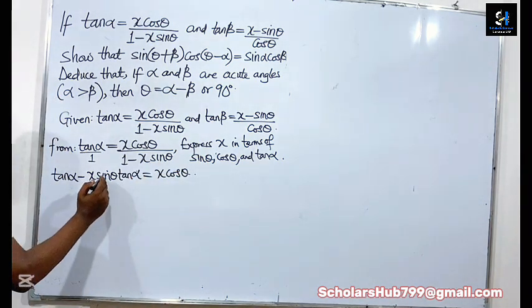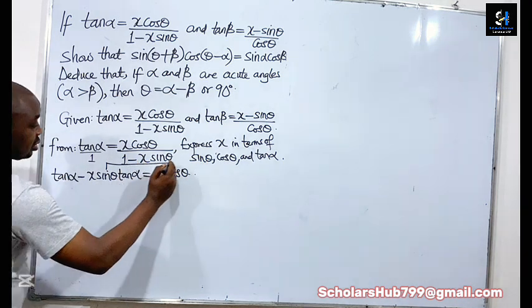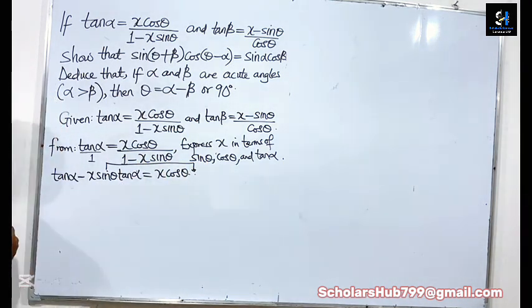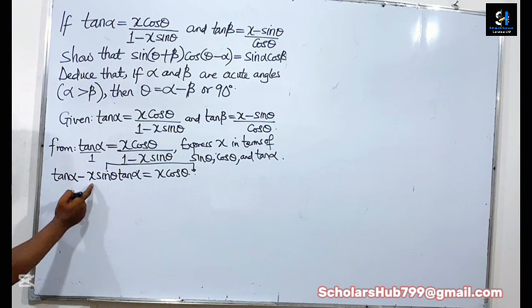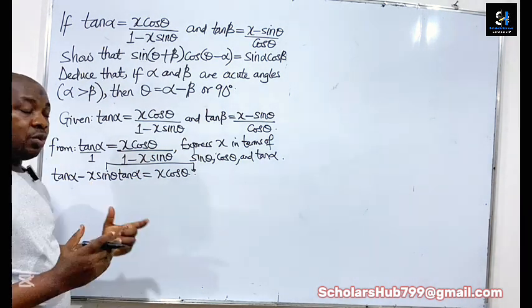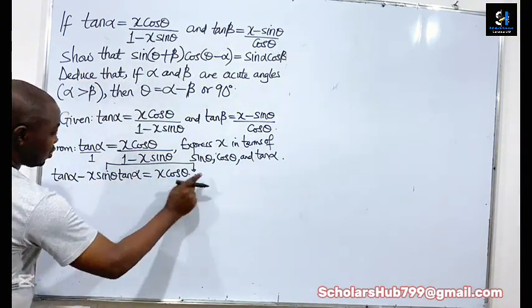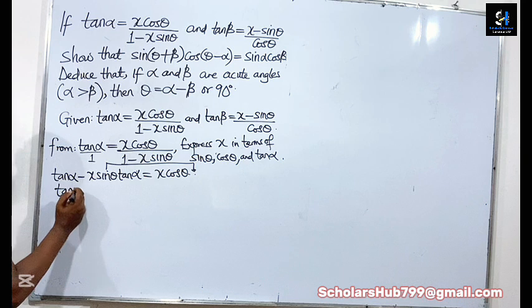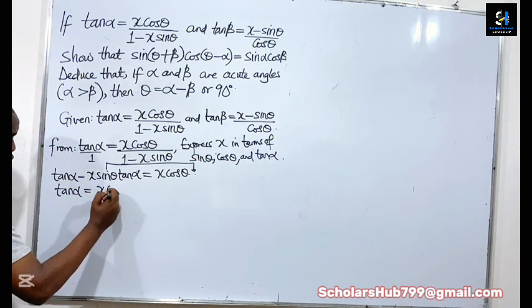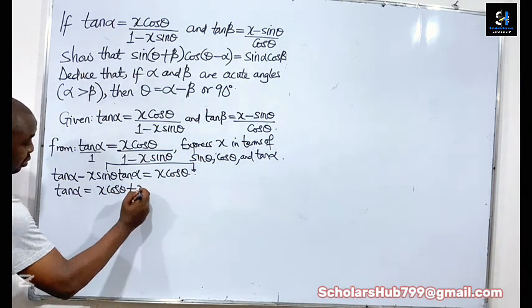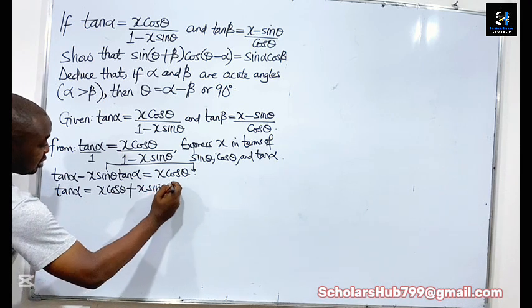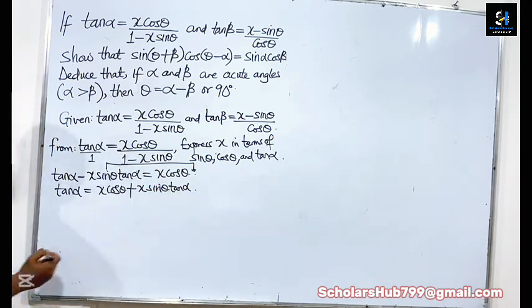So I'm going to carry this over to the right hand side, so this will come here to become plus x sin theta tan alpha. Remember, this is because I want to make x the subject of the formula. So when I carry this over to the other side, I'm going to have tan alpha equal to x cos theta plus x sin theta tan alpha.